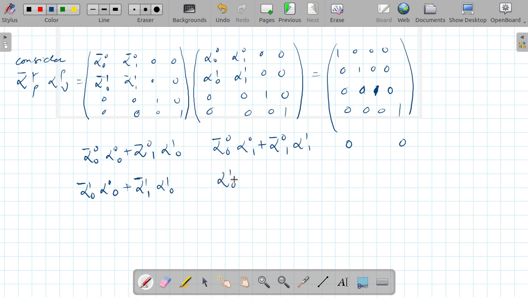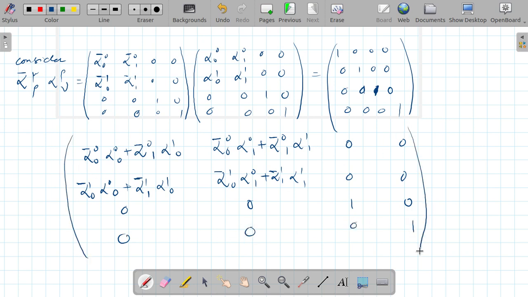Now it is alpha 1 0, alpha 0 1, alpha 1 1 bar and alpha 1 1, and it is 0, 0, 0, 0, 1, 0, 0, 0, 0, and 1, and it must be equal to 1 0 0 0, 0 1 0 0, 0 0 1 0, and 0 0 0 1, and say it is equation number 21.